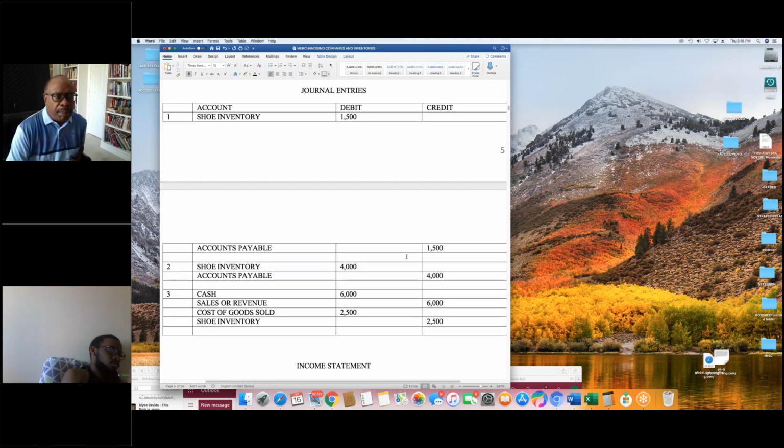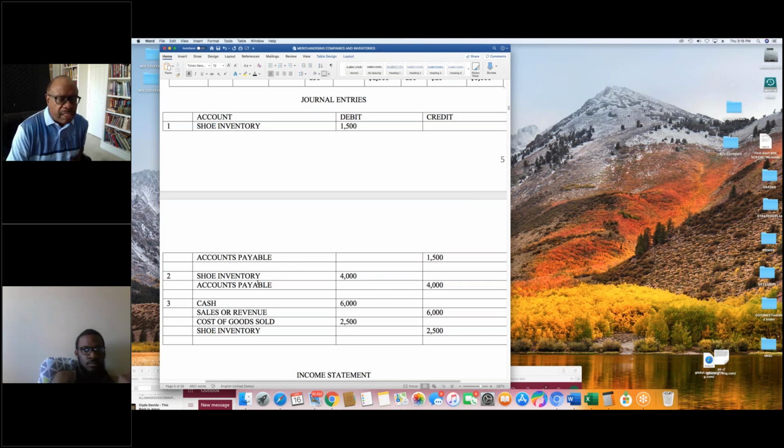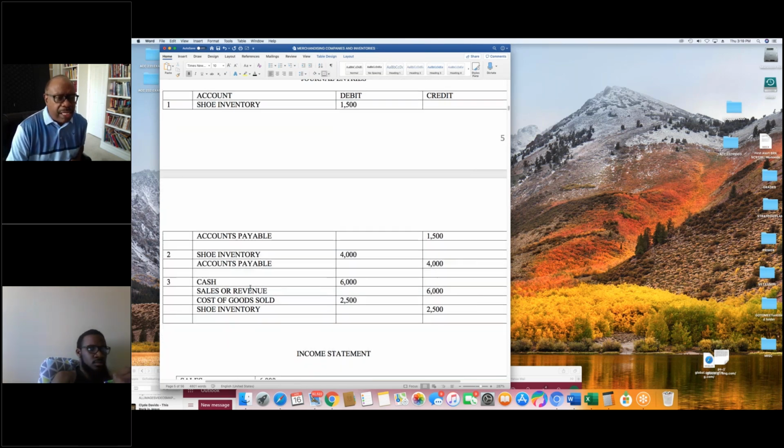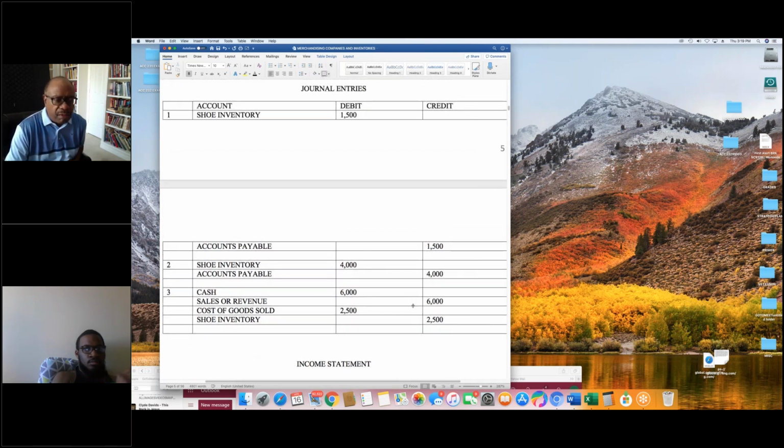The purchase journal entries go in the chart. The sales journal entry does not go in the chart, but the cost of goods sold entry goes in the chart. So make sure you're clear on that.